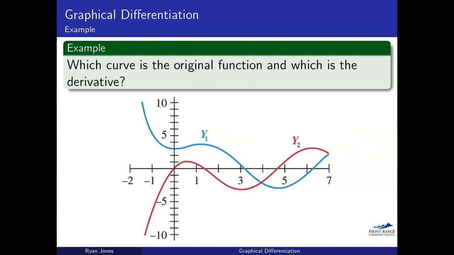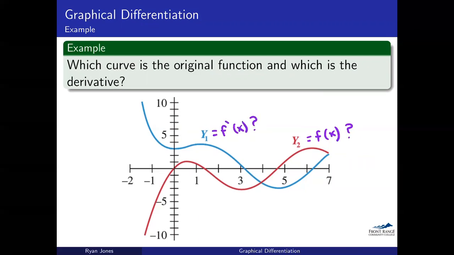Let's just take a stab in the dark and guess that the red function, y2, is equal to f of x. So I'm actually just going to go ahead and label this, and this is just a guess.